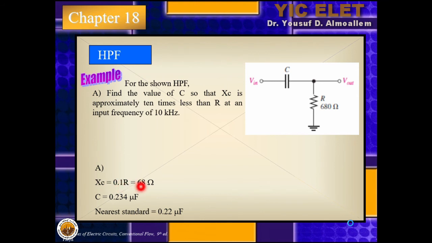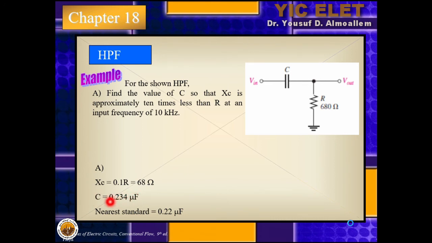So if R is 680, the XC will be 68, that is 680 divided by 10. Now, from there, this is XC, and we know that XC is equal to 1 over 2 pi f C. How to find C? We can find C from there.